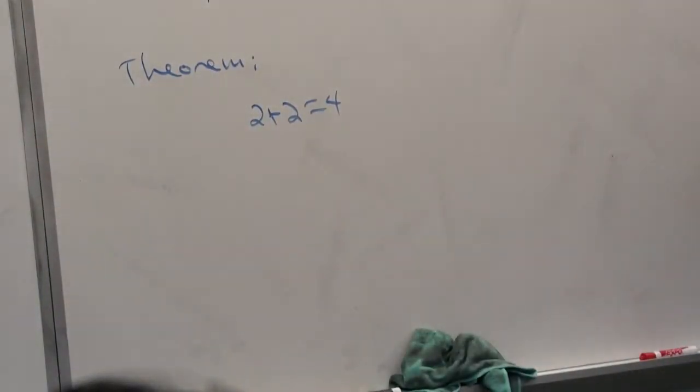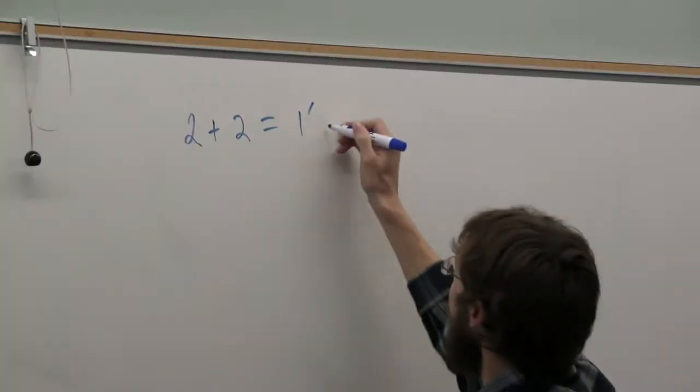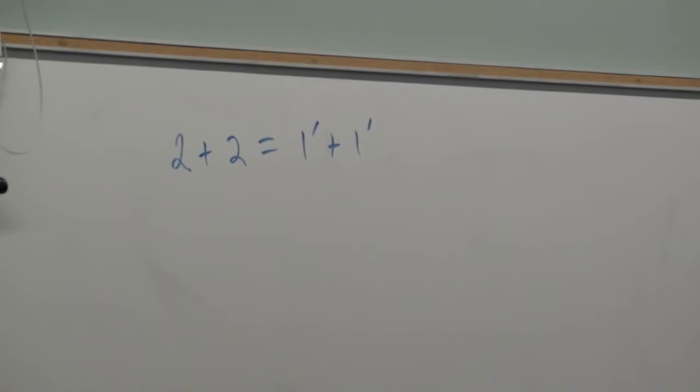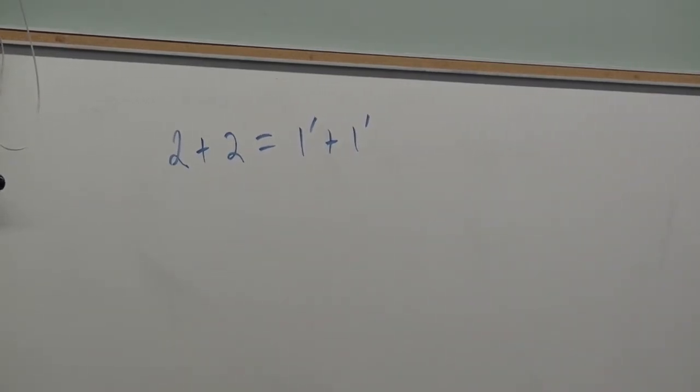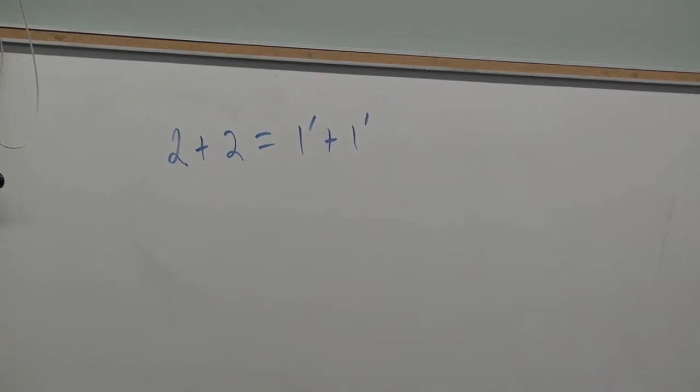So what we can do is let's rewrite 2 plus 2 using the proper interpretation. 2 plus 2 is really the same as one successor plus one successor. Everyone agree with that? Okay.